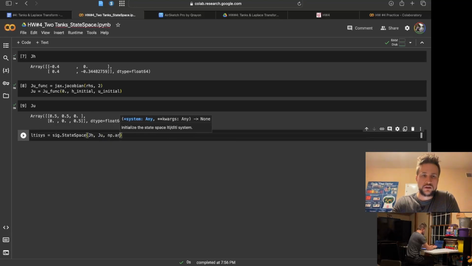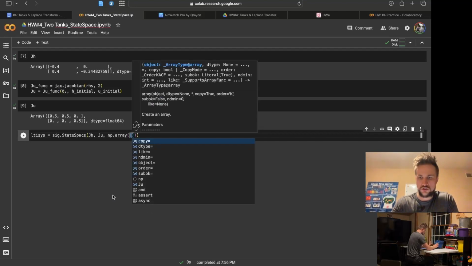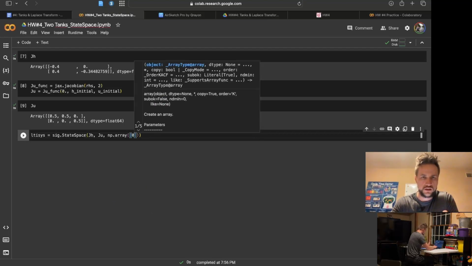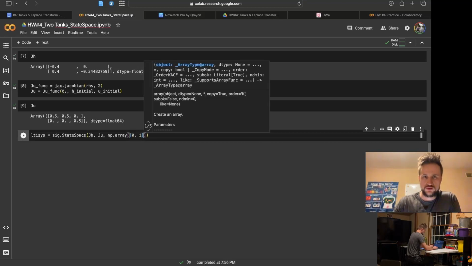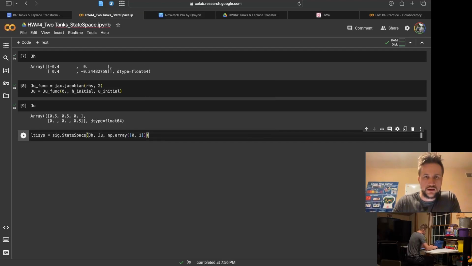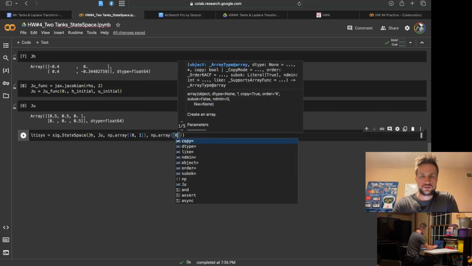Our C is what we just wrote out, where we're isolating H1 out and only looking at H2 here. And then again, the D in our system would be all of our system inputs, but we want to isolate those as well. So let's go ahead and isolate those now.